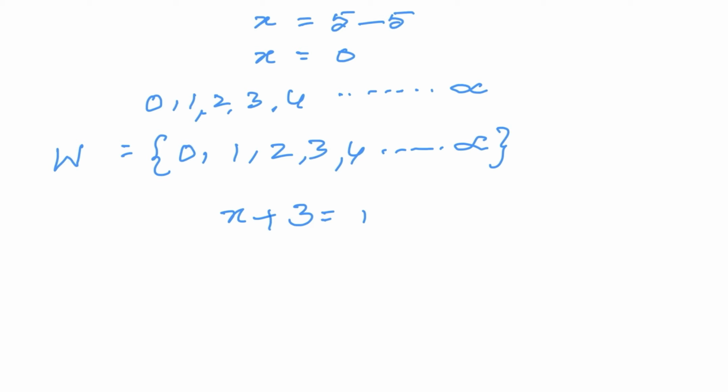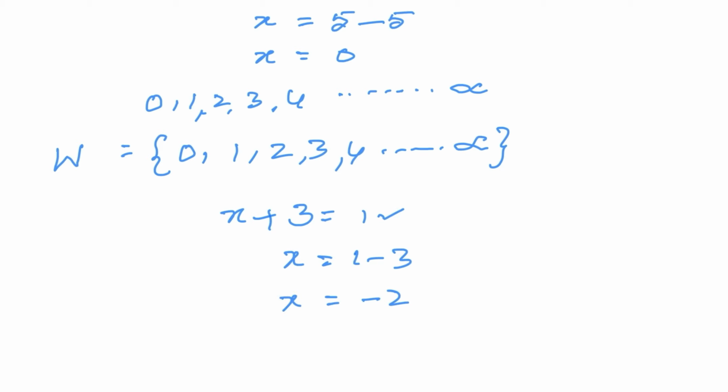What is the solution to this one? x = 1 - 3, that is equal to -2. The solution to the equation x + 3 = 1 cannot be had in the set of natural numbers or in the set of whole numbers.